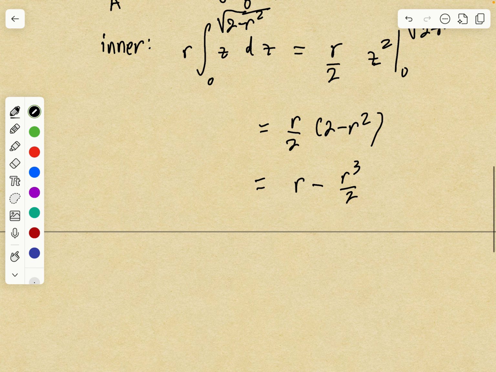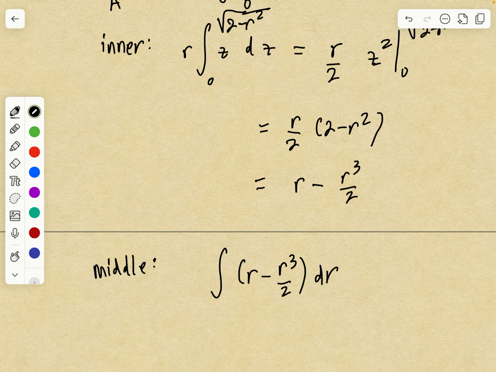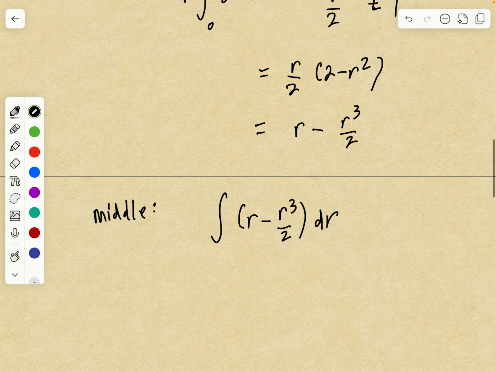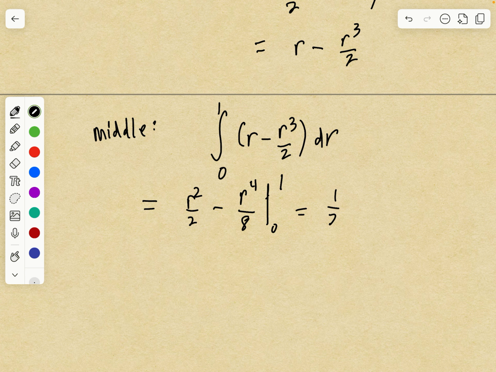Okay, now we do the integral in the middle. That's the integral of r minus r cubed over 2 with respect to r from 0 to 1. So this is going to equal r squared over 2 minus r to the 4th over 8 from 0 to 1, and that's going to equal 1/2 minus 1/8, which is 3/8.